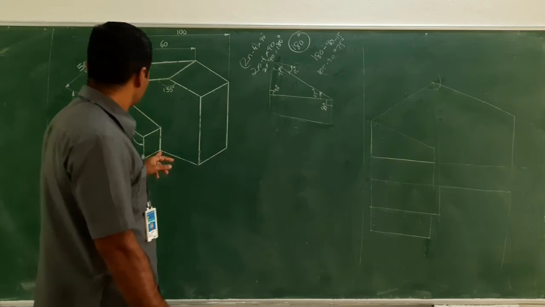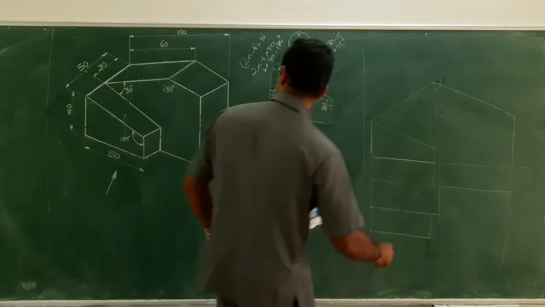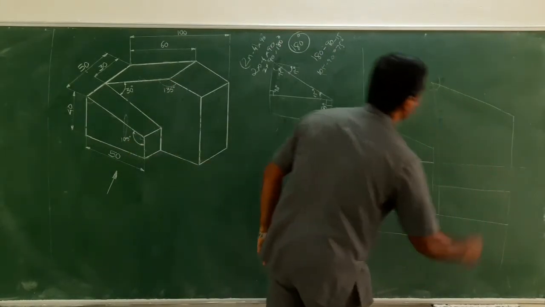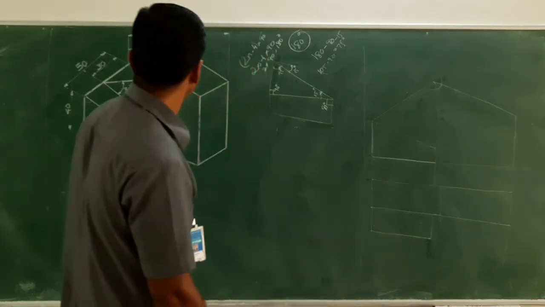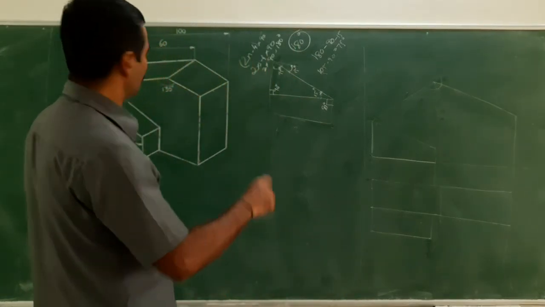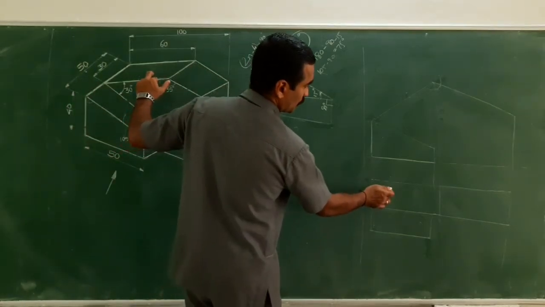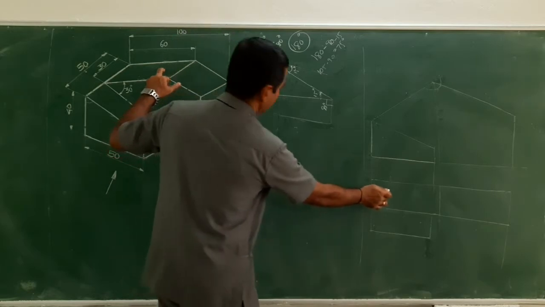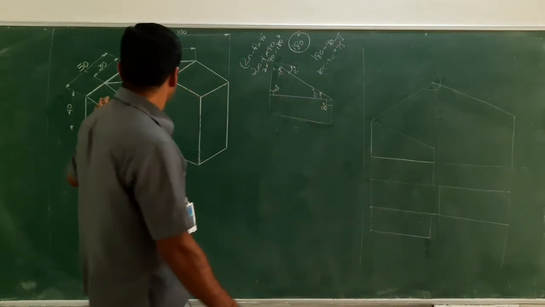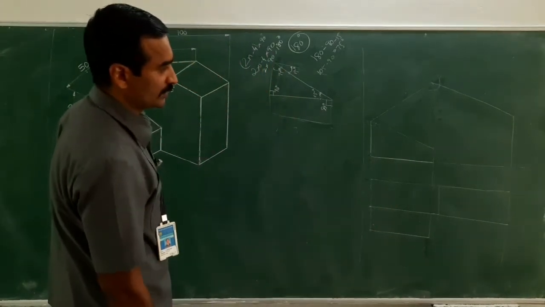So from the height of 30 mm, extend this portion. Right? So now this portion is reflecting here, this portion is reflecting here, and this portion is reflecting here. Is it clear?